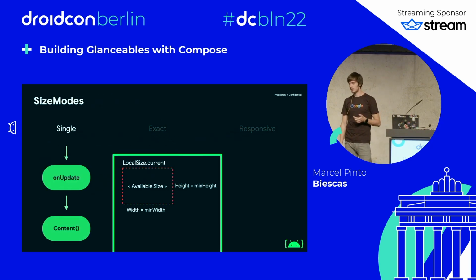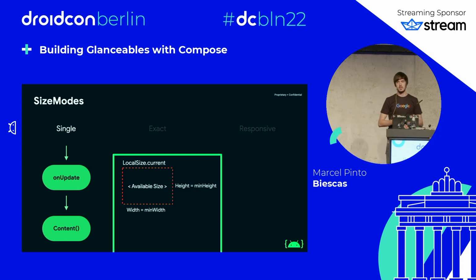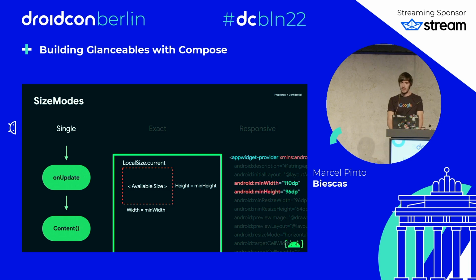The first mode is the default mode. It's called single. Basically, how it works is that whenever there is a request to update the widget content, it will pass the minimal size that you specified on the widget attributes. Those are the attributes that we defined at the beginning.